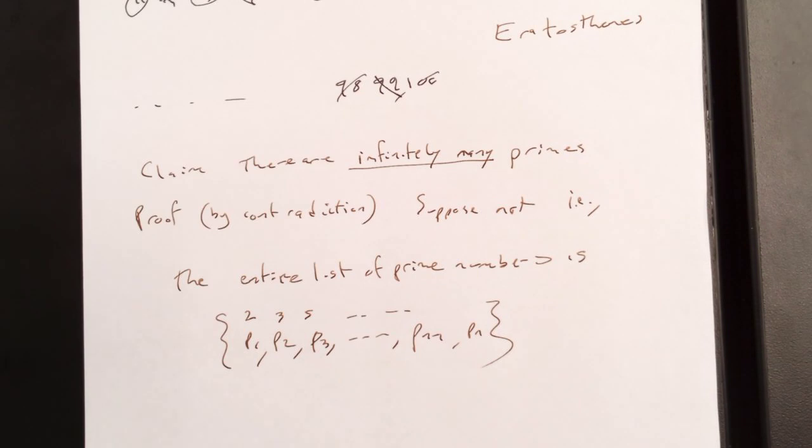Now I need to show that this is wrong. So I need another number, Pn plus 1. There is no such thing as Pn plus 1. These are all primes. I listed them all, damn it. There are no more primes.